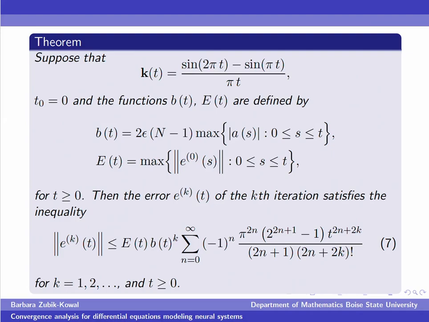And here the function E at T is the maximum error for the starting iterate over the interval from 0 to T, and the function B at T is the product of the maximum of the function A multiplied by 2 epsilon times N minus 1.